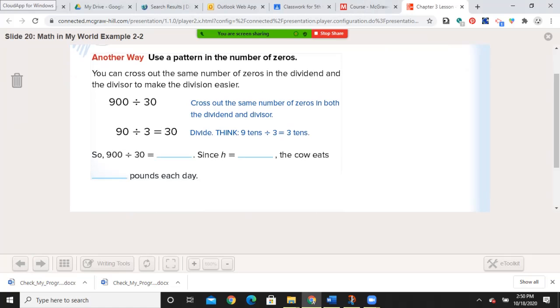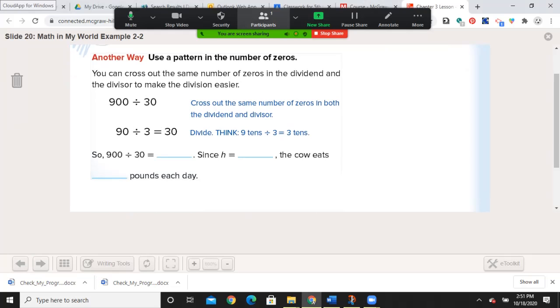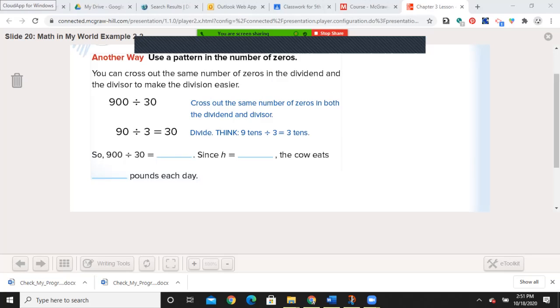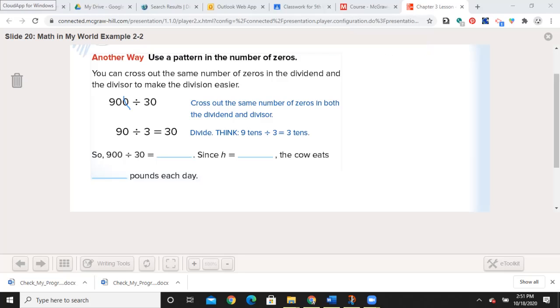Another way, use a pattern in the number of zeros. Cross out, and back to what I was mentioning moments ago, cross out the same number of zeros in both the dividend and divisor. So 900 divided by 30. I cross out 1 here. Cross out 1 there.